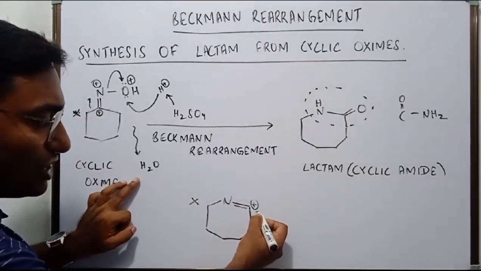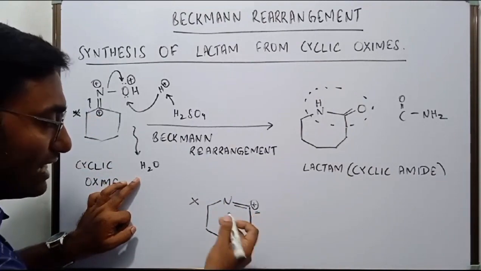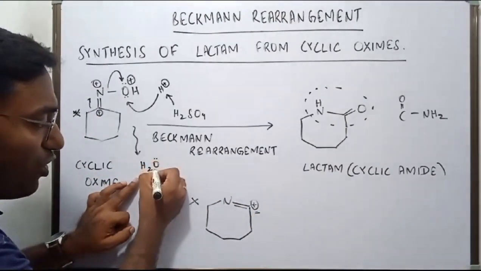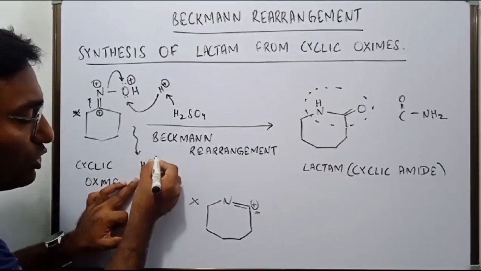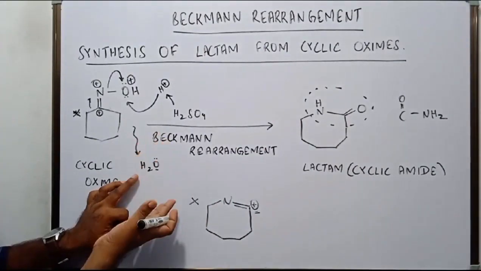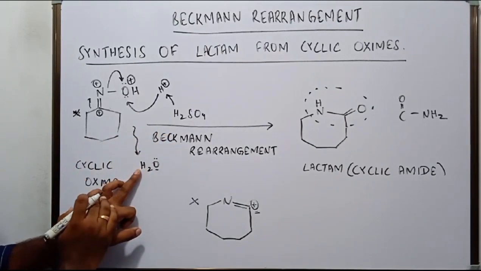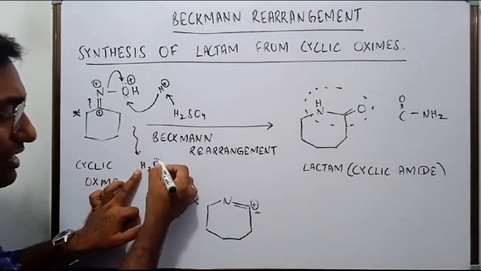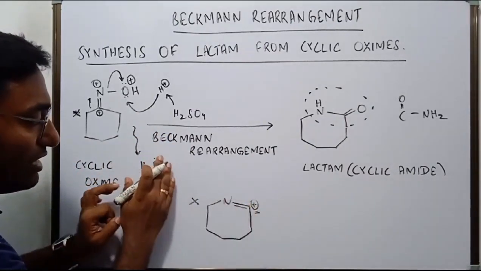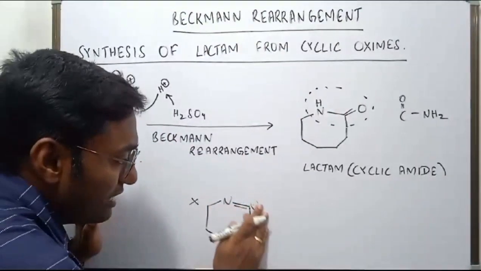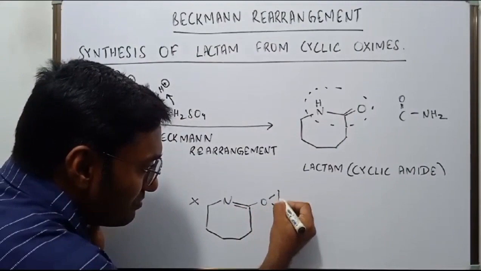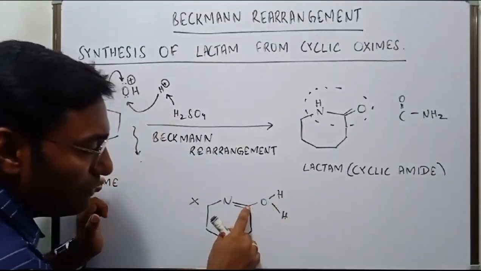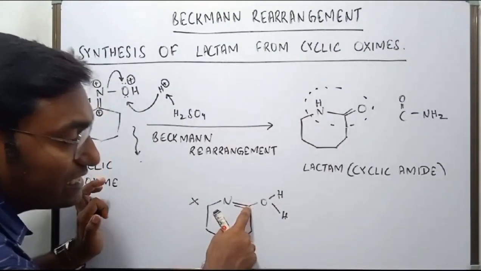Now this positively charged carbon atom attracts the electron pair on the oxygen atom of the water molecule that was eliminated in the preceding step. When this water molecule gets attracted, the oxygen gives the lone pair of electrons to this carbon atom, and this carbon atom's neutrality is restored.